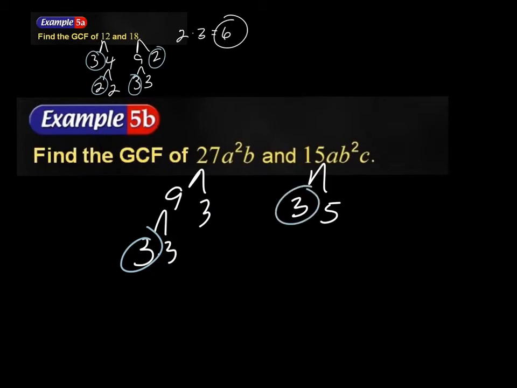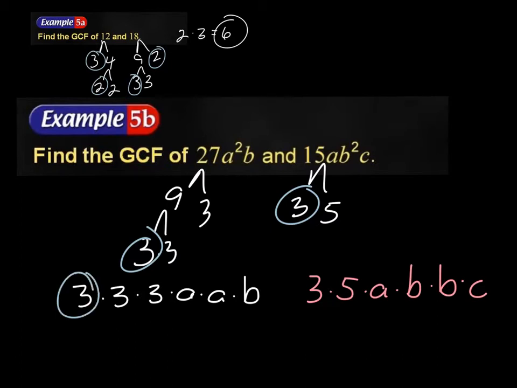Okay, the variable part is super easy because we can just look at it if we want to write it in expanded form, what they call the factored completely form. I'd already circled the 3's are in common. Now that I wrote it out in the completely factored form, I can see that there are an A in common and a B in common.